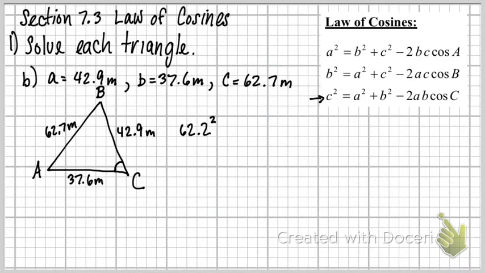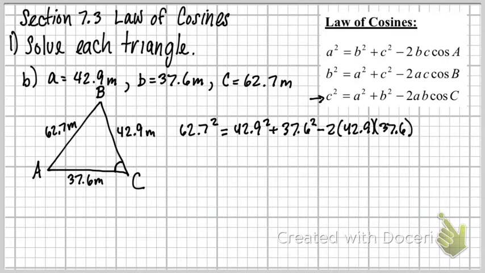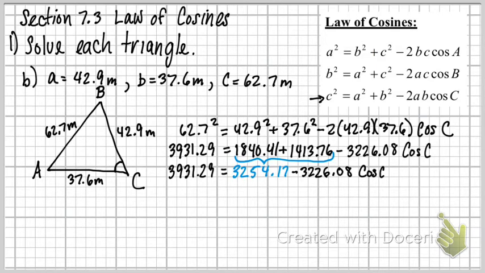So it's going to be 62.7 squared equals 42.9 squared plus 37.6 squared minus 42.9 times 37.6 times cosine of C. So now I'm just going to do some arithmetic and a little bit of algebra, and you'll see what the result is. So after squaring and adding a few things together, this is what I end up with.